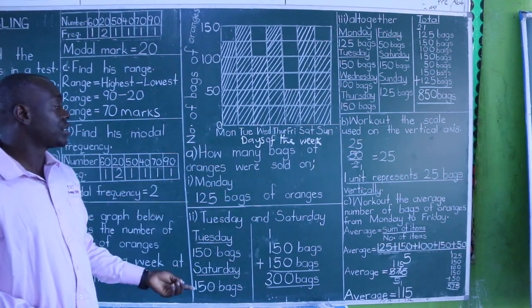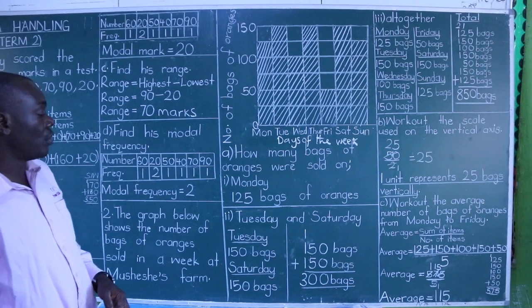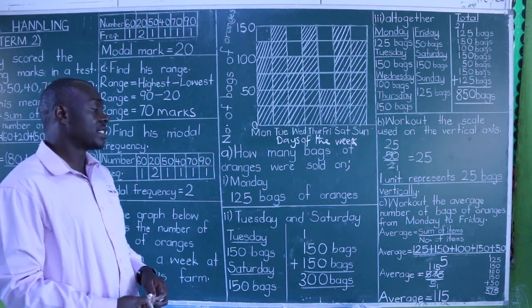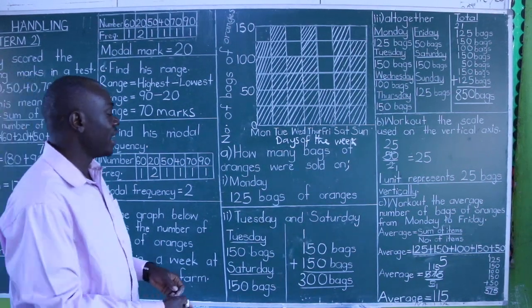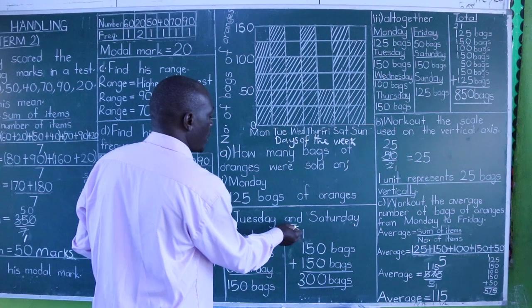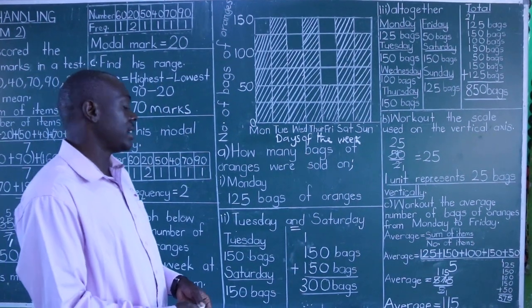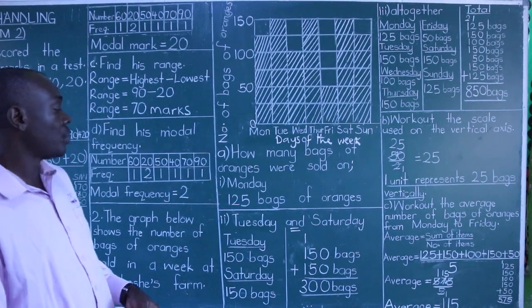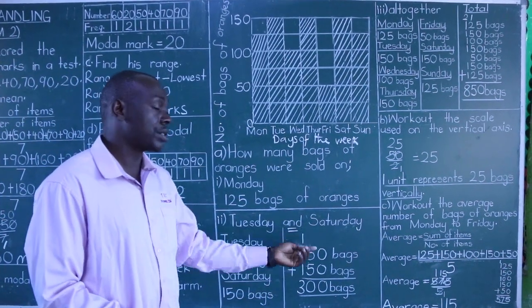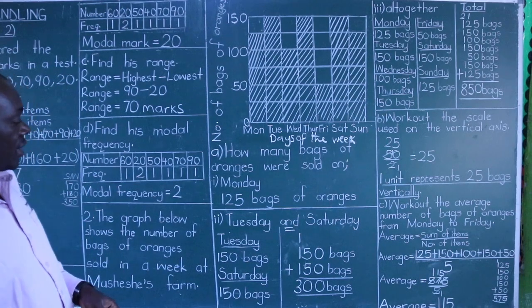Then how many bags of oranges were sold on Tuesday and Saturday? So this word "and" brings in what's called a combination, meaning you are going to add the bags sold on Tuesday and those sold on Saturday together.